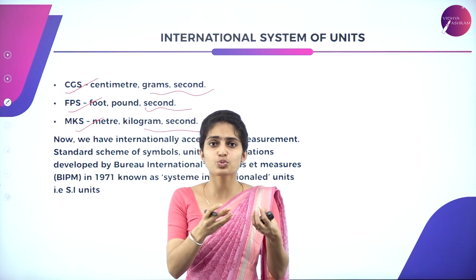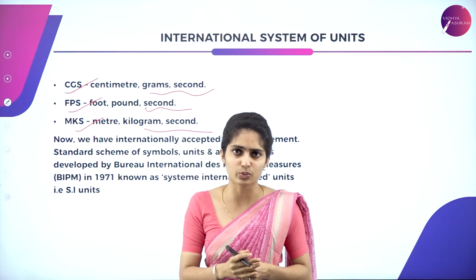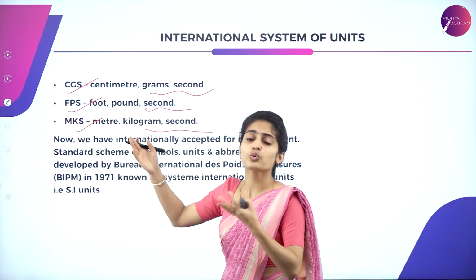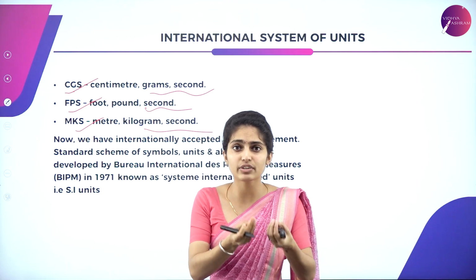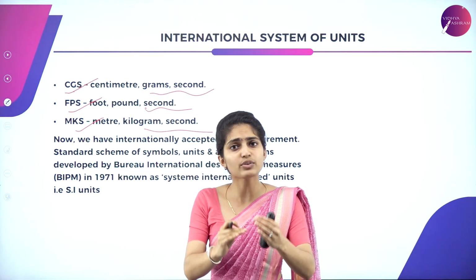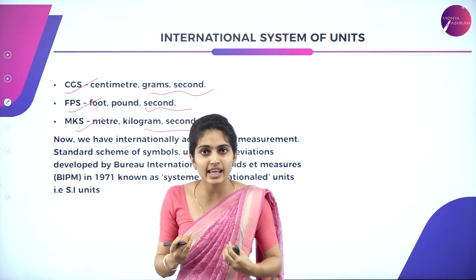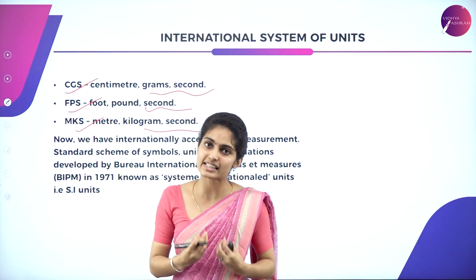After research took place, certain units were not matching up. Few were using CGS, few were using FPS and few were using MKS. So the final result, whatever we got in certain units, was not matching. So they planned to give the same units throughout the world, to use the same unit.